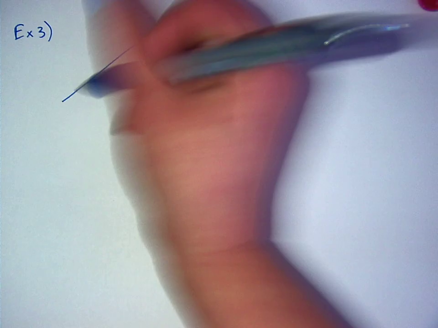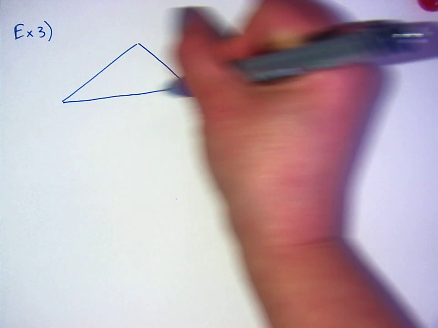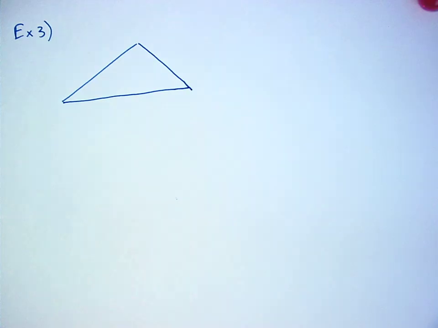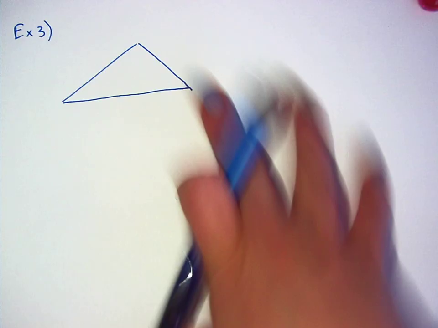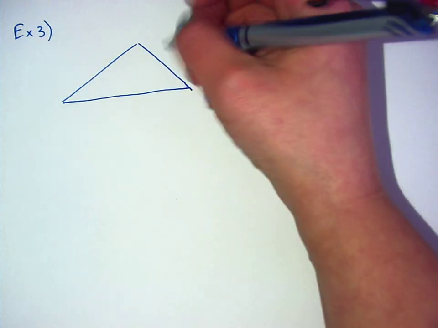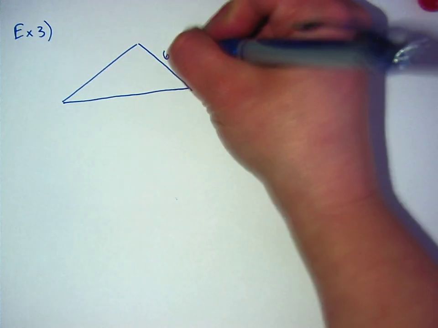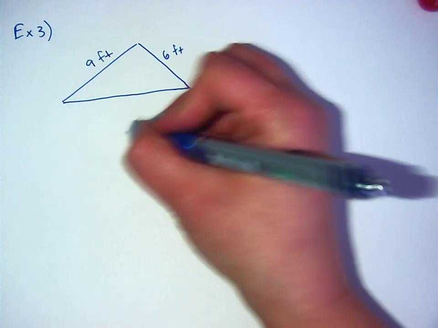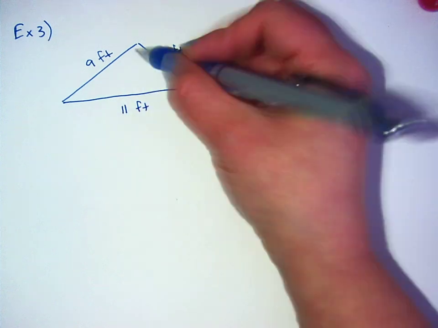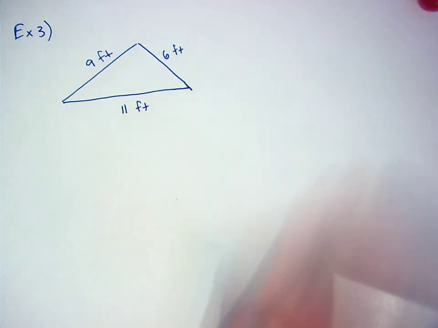So let's say that you had this weird roof that was part of another structure. And we knew that this side of the roof was going to be 6 feet, and this side of the roof would be 9 feet, and this side would be 11 feet. But we have no idea what the angles are in between.